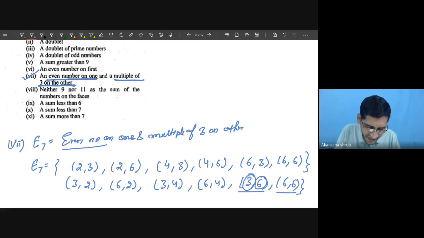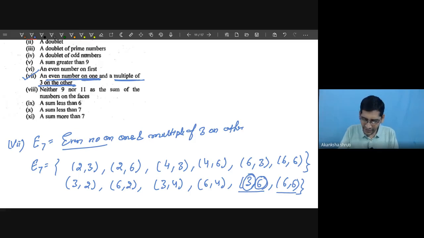Is it written here even number on first? Is it written like that? It is just written on one. It may be the first one or it may be the second one. That's why I want to tell you. So this even number can be at either of the places, either at the first one or at the second one.